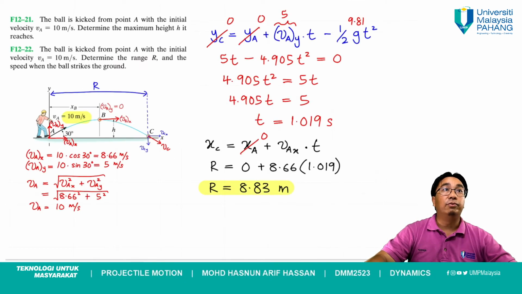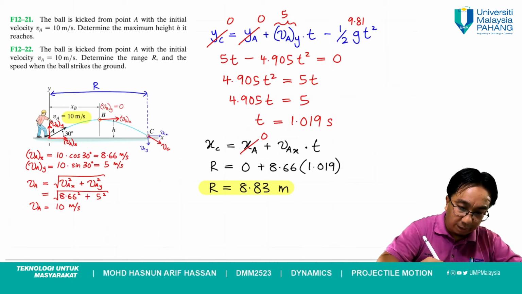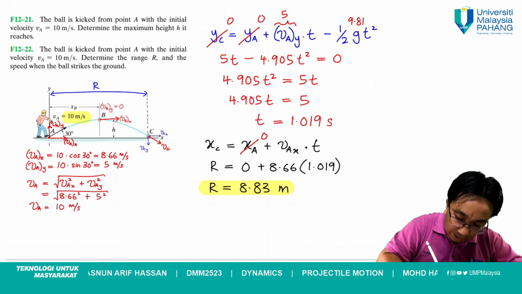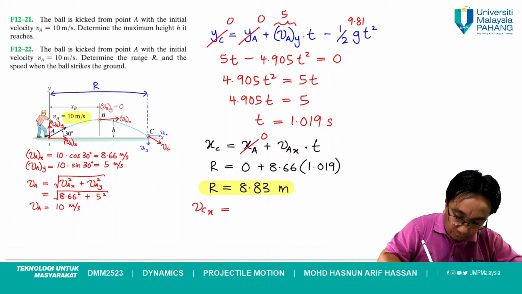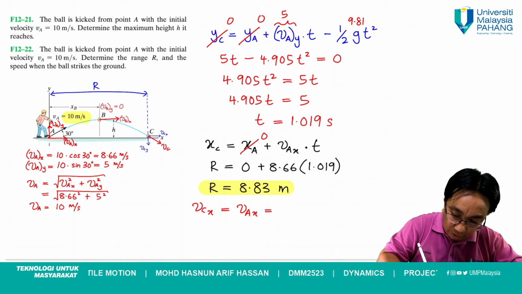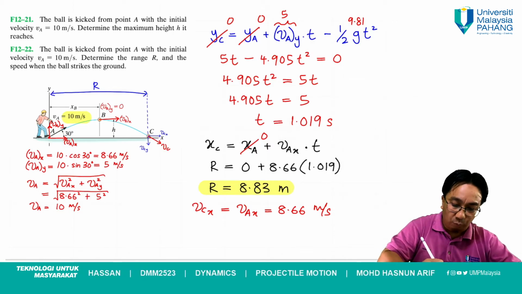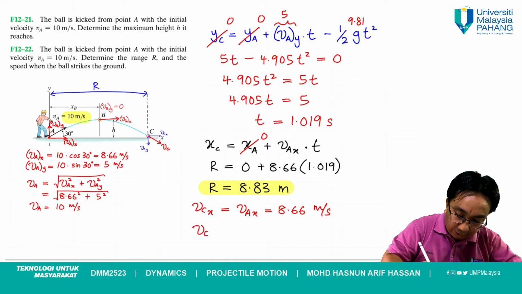Good. VCX based on this dia sama dengan V0X, so we know that VCX is equal to VAX ataupun V0X kita ialah VAX lah, equals to 8.66 meter per second. Now what we have to find is what is VCY. VCY yang kita nak tahu sekarang ni.